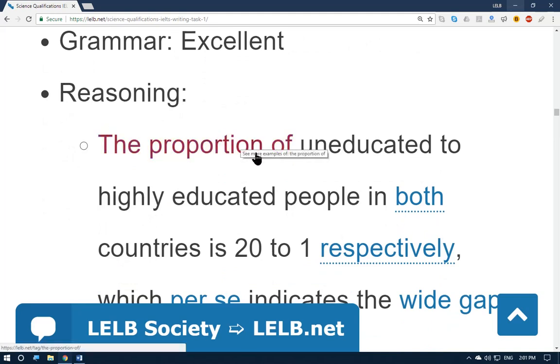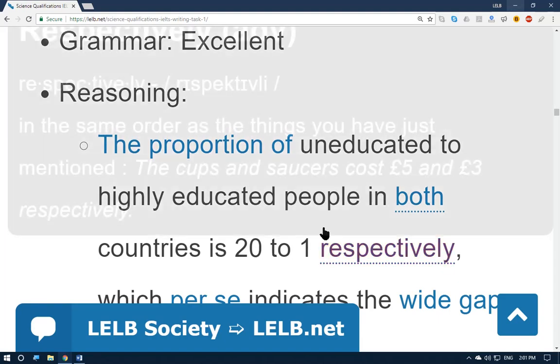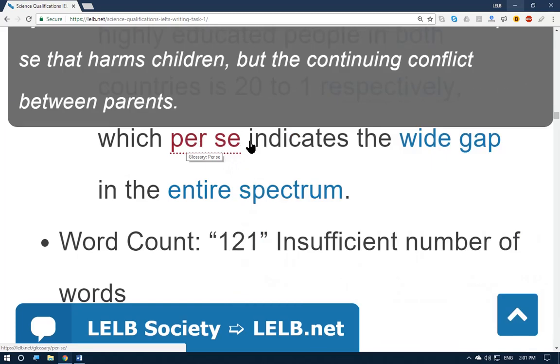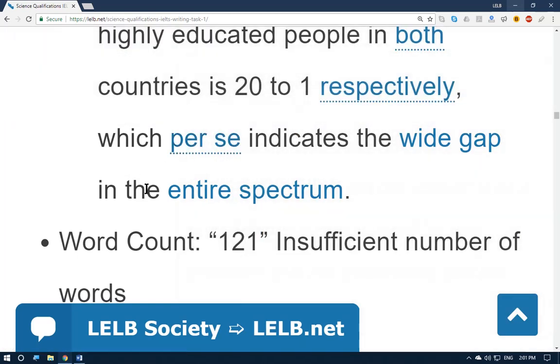The proportion of uneducated to highly educated people in both countries is 20 to 1, respectively, which per se, meaning by itself, indicates the wide gap in the entire spectrum. And that spectrum refers to the range of people starting from highly educated and ending in uneducated or without any science qualifications.